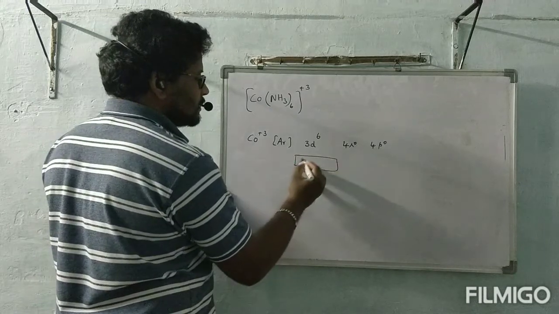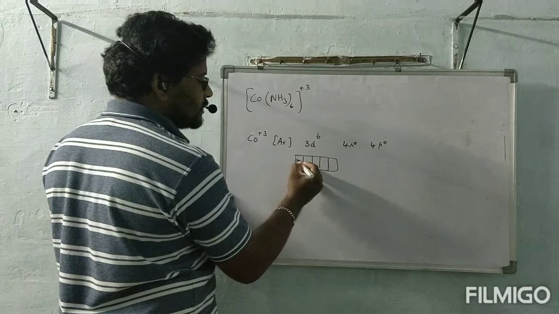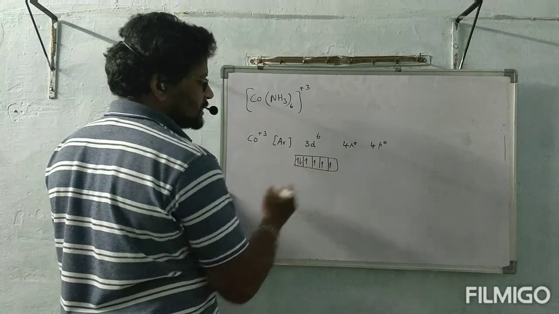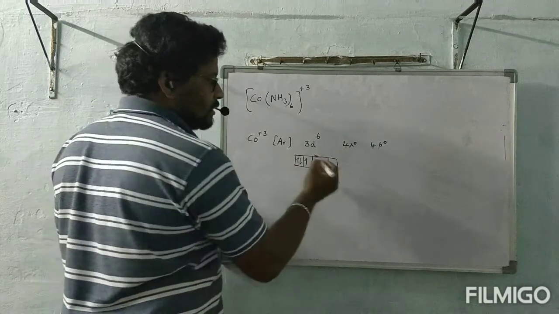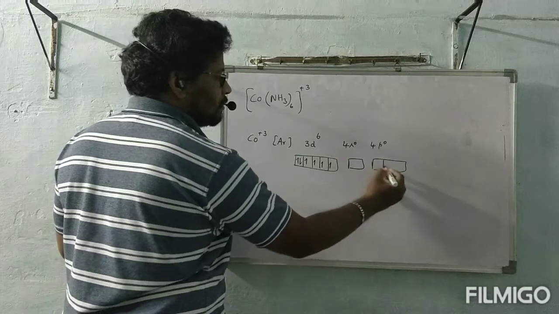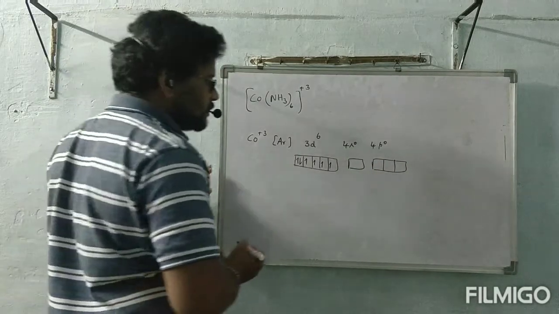Initially the six 3d electrons are filled according to Hund's rule.